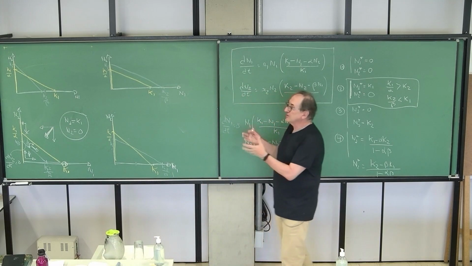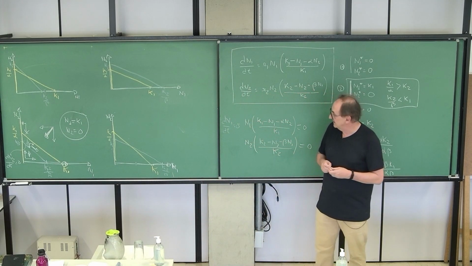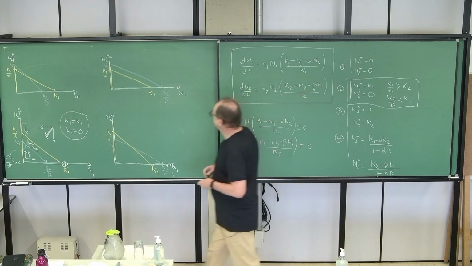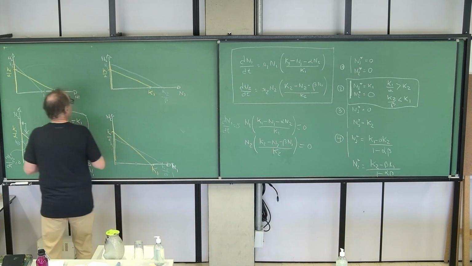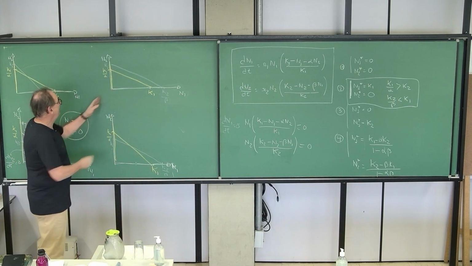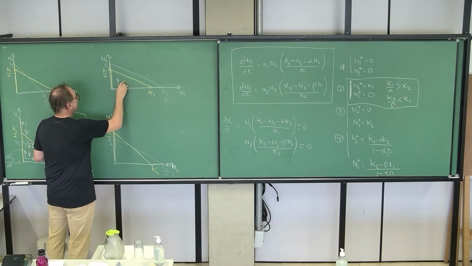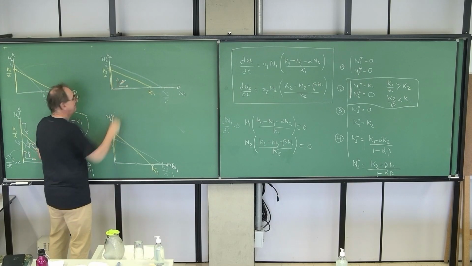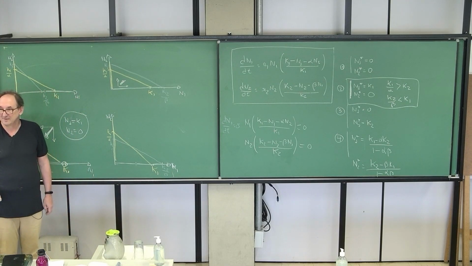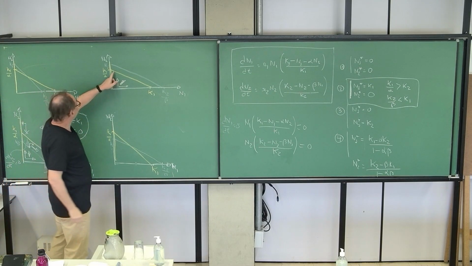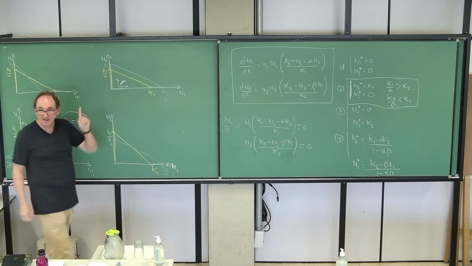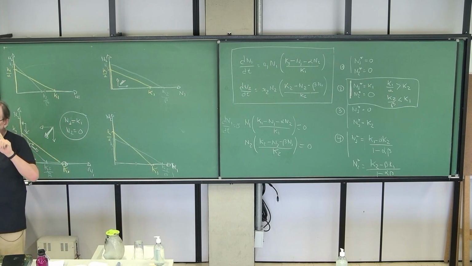And now we can go on with the same exercise. So the simplest one is this one, where you see that in this part it's always like that. The general tendency will be this. Now, when you cross the yellow one, N1 should change sign.